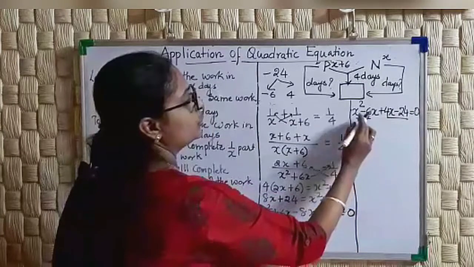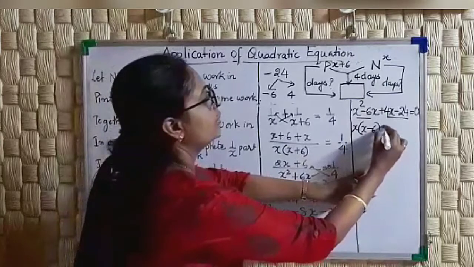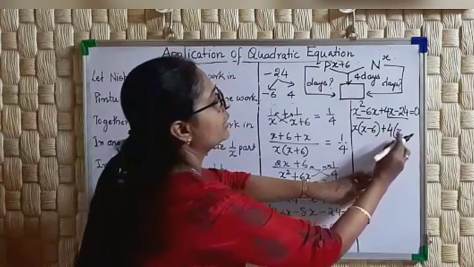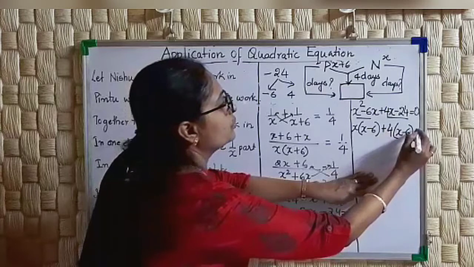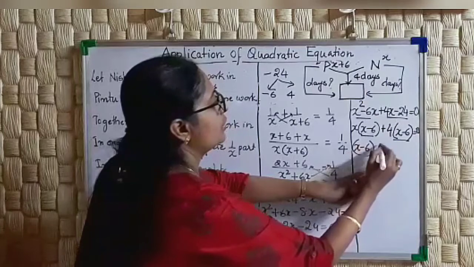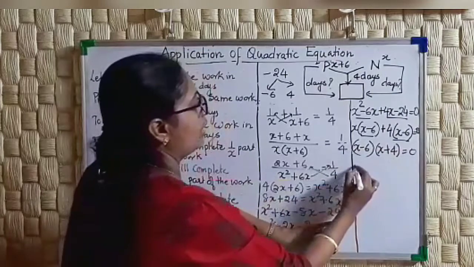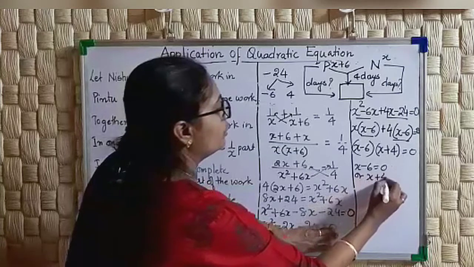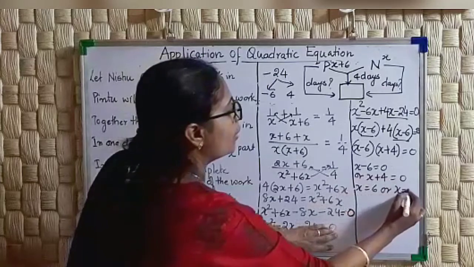Common between these two terms is x, we get x minus 6 in the bracket, and common between 4x and 24 is 4, we get inside the bracket x minus 6 again, equal to 0. So x minus 6 into x plus 4 equal to 0. So x minus 6 equals 0 or x plus 4 equals 0. So you have the value of x equal to 6 or x equal to minus 4.